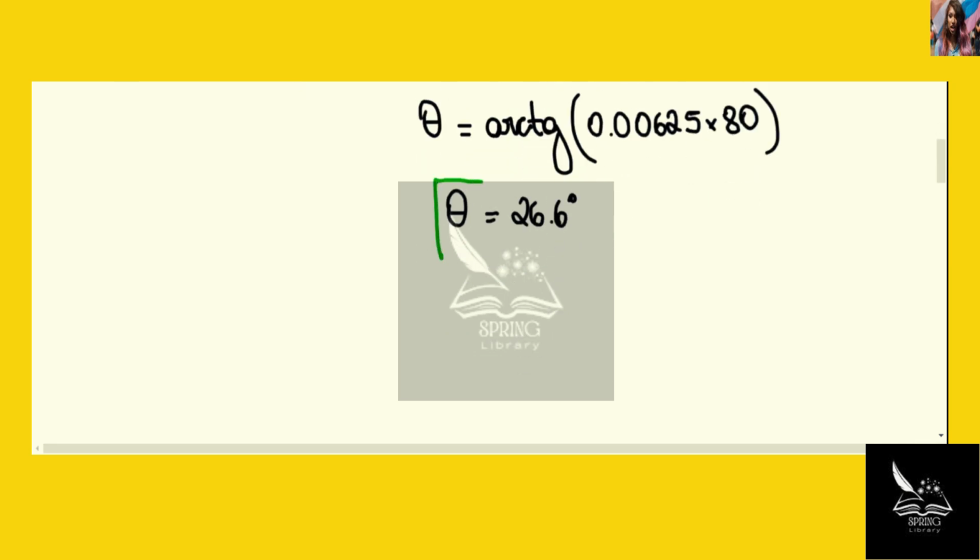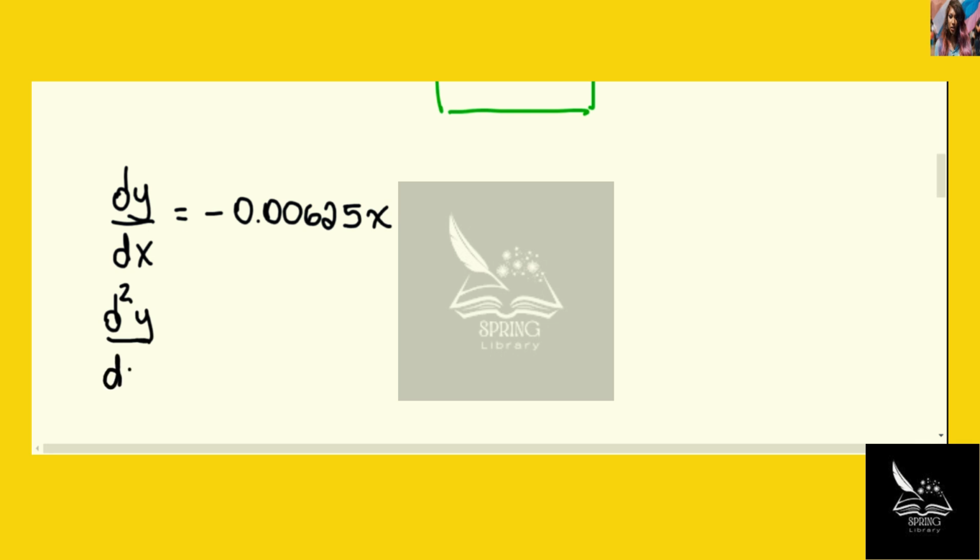Also, we have to find the radius of curvature. In order to find the radius of curvature, we need dy dx, which, as I said, is minus 0.00625x, and d2y dx2, which is minus 0.00625.